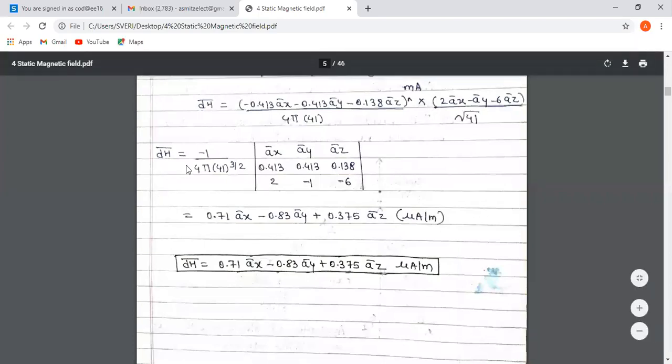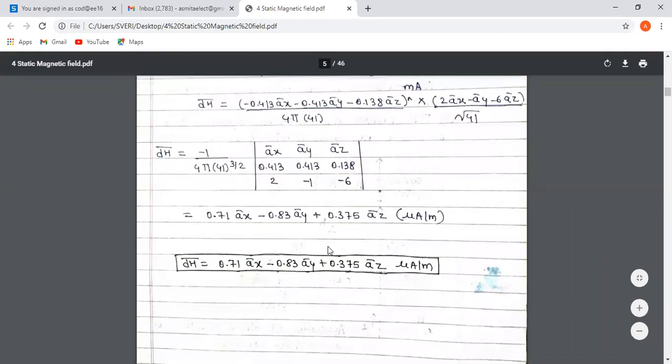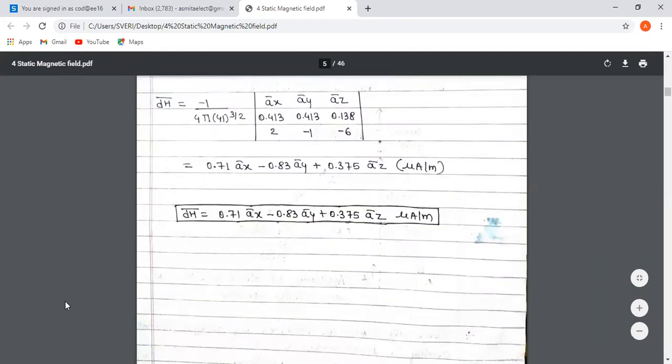So cross product can be found by using the determinant, or you can directly write here also. So we get dH bar as this term in microampere per meter.